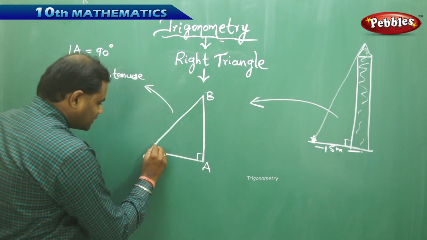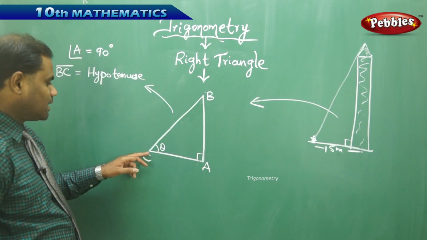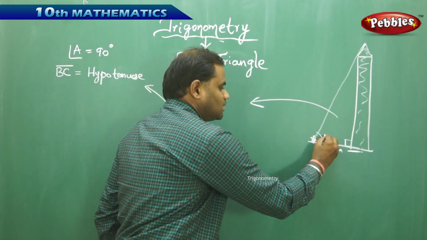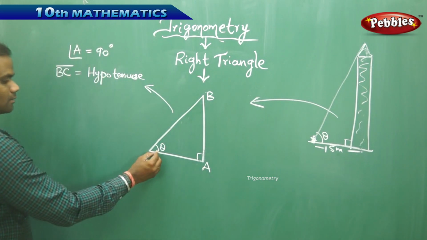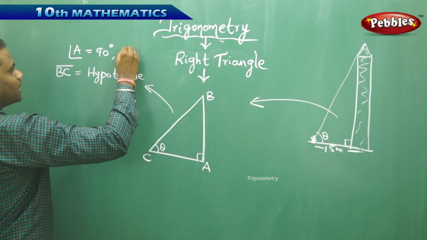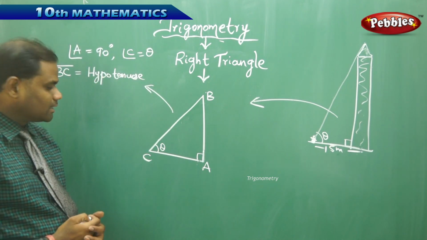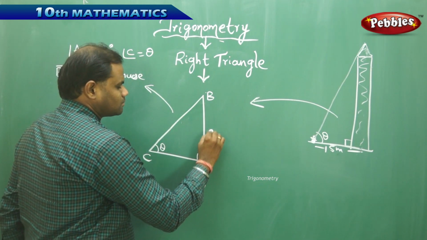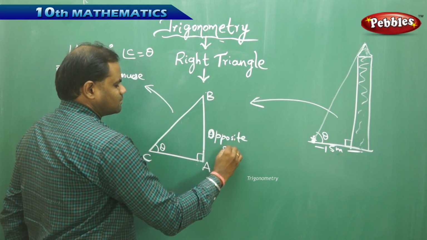Next, if I take this angle as theta, meaning the angle which the person makes with the top of the minar, considered as angle ACB or angle C, which is theta, then any side opposite to this angle is called the opposite side.